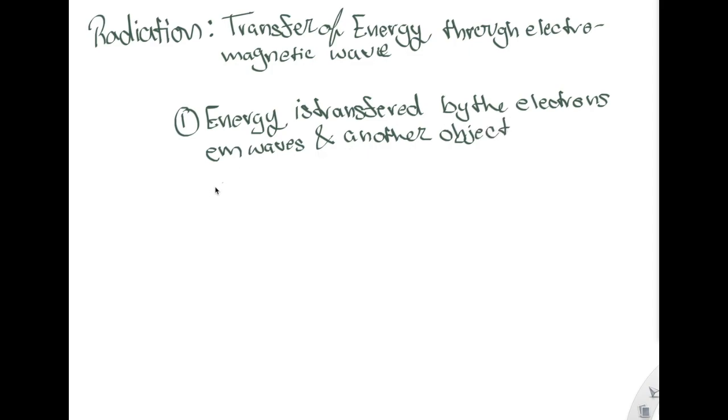Generally, these EM waves look something like that. Not really. But anyways, they have electrons. If we can assume that this is the core of an atom, and we have electrons that are flowing around it, when an EM wave hits one of these electrons, they're now going to move to a higher valence.